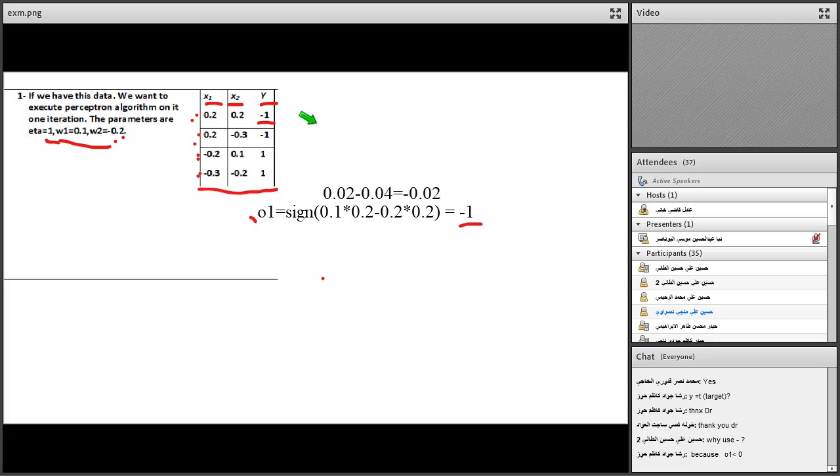Now we go to the second data, O2. O2 is equal to sign.